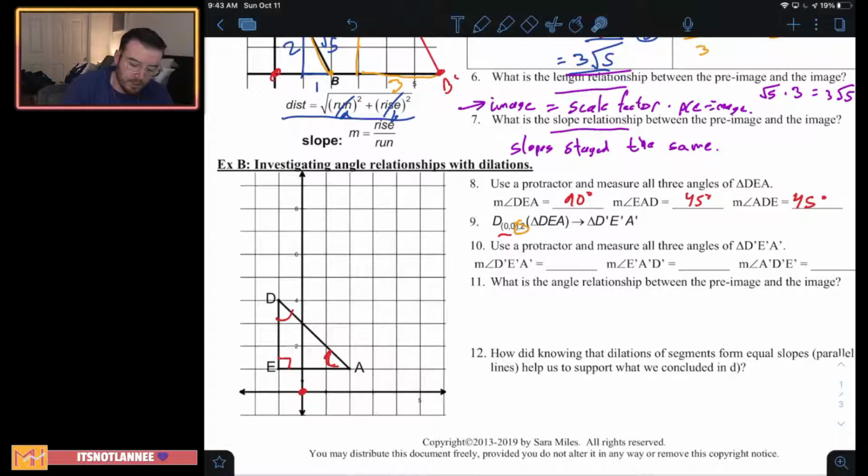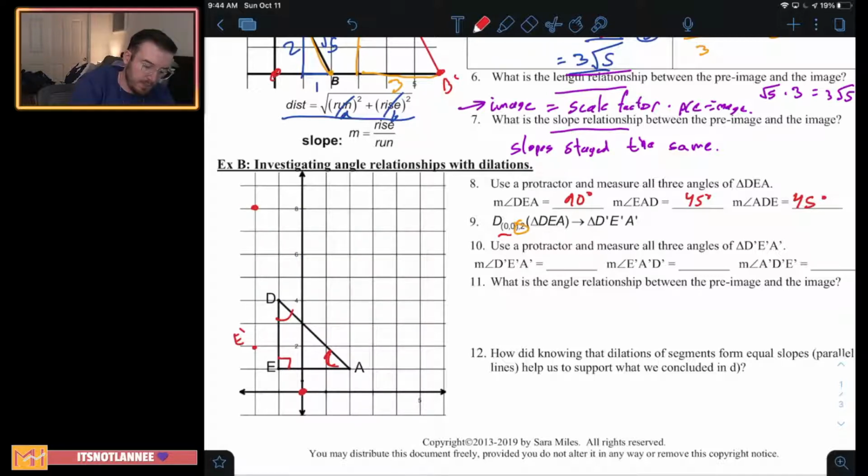When we double all of these distances, how far away is E? It's up 1 over 1. So double that, up 2 over 2. There's E prime. Up 1, 2, 3, 4 over 1 to get to D. So double that, up 5, 6, 7, 8, and over 2. There's D prime.